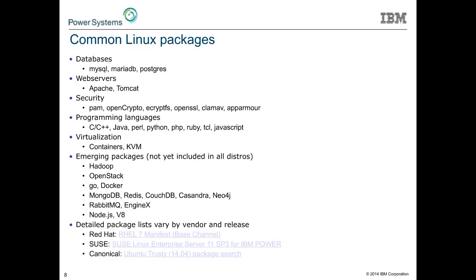Other capabilities, RabbitMQ, NGINX. We've already mentioned JavaScript, so things like Node.js and V8 come to mind, etc. Lots and lots of packages are included, and in these emerging sets are on the verge of coming into the core part of the distribution.